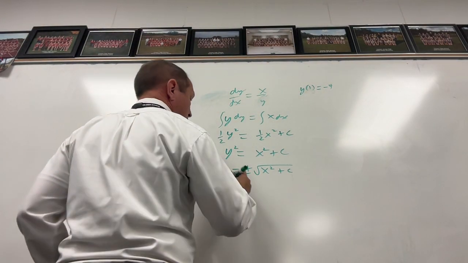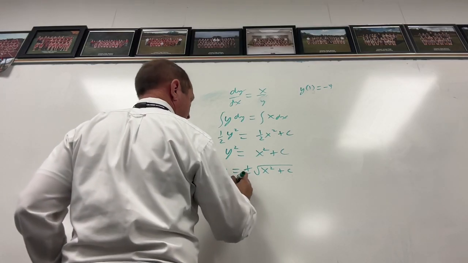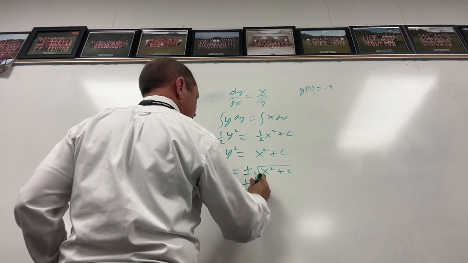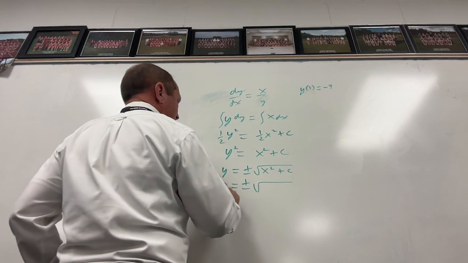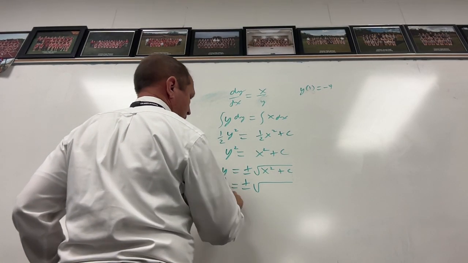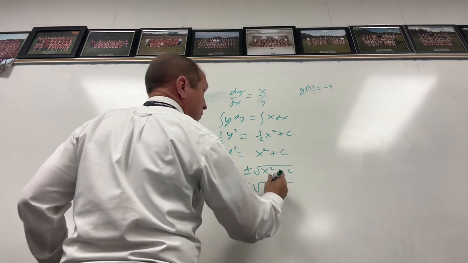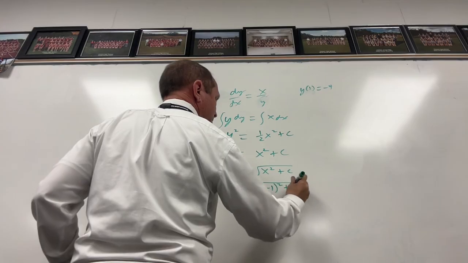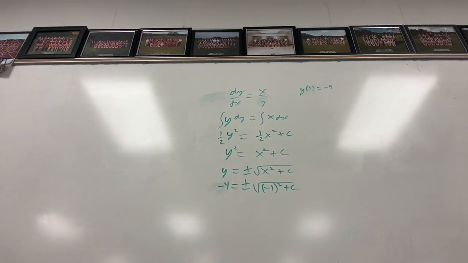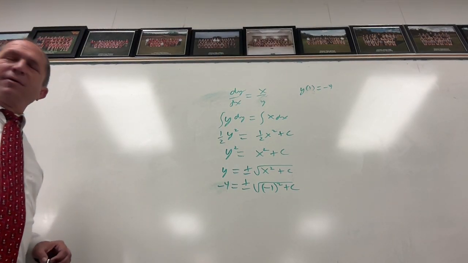So negative 4 equals plus or minus the square root of 1 squared plus a constant. Everybody okay there? I thought it's just 1. I mean, it's the same thing, because y equals y. Yeah, negative 4. I was right the first time, I just second guessed myself.